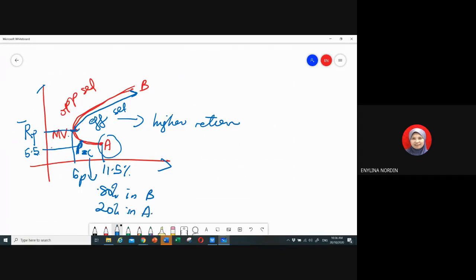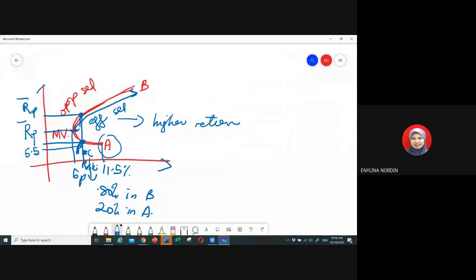Right, so that means your standard deviation is here, this is the risk, and this is the return. Compared to this point, this is the portfolio with the same standard deviation, but the return is higher. So if you are an investor, which one do you prefer?